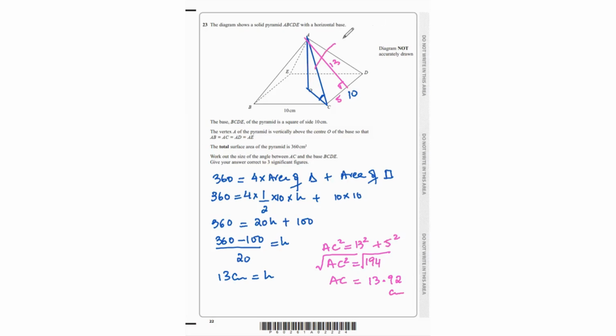Okay, now that we have AC, to figure out the angle, we need this length OC. So if this is 10, this is also 10. We find the diagonal EC, again using Pythagoras because it's a right angle triangle, square base. And then half of that is going to be OC. Then we use that and AC to figure out the angle.